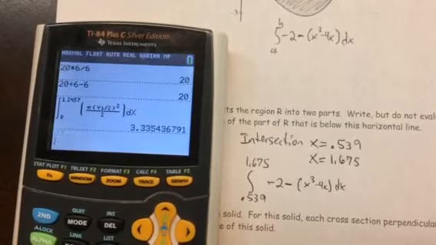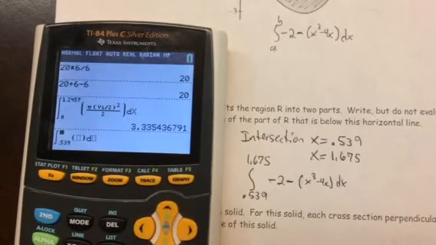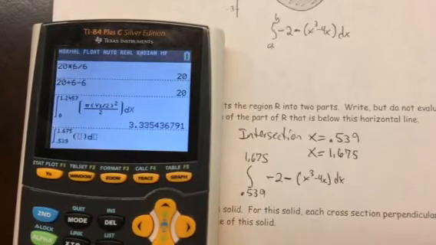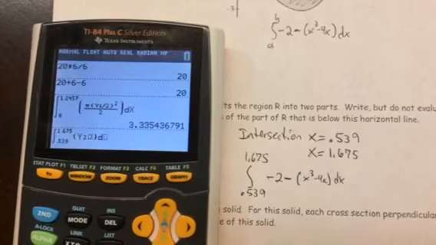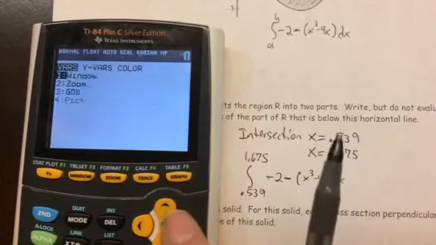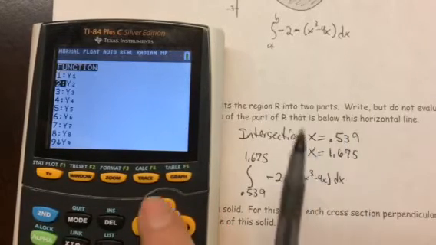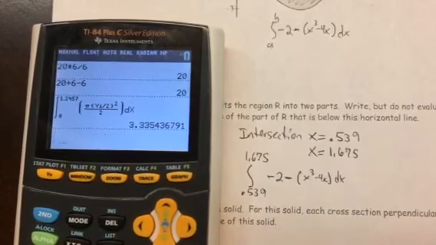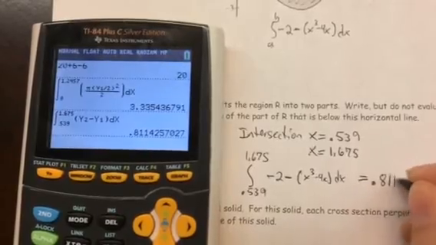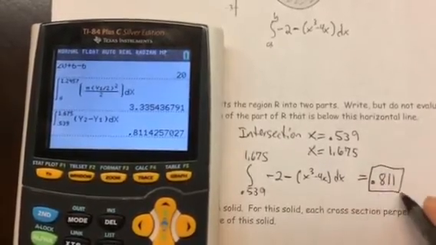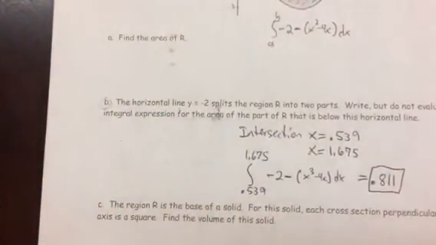The integral from 0.539 to 1.675 of, in my y variables, I can just do y2 minus y1 dx. So this integral is 0.811. We go to 3 decimal places to get our points.